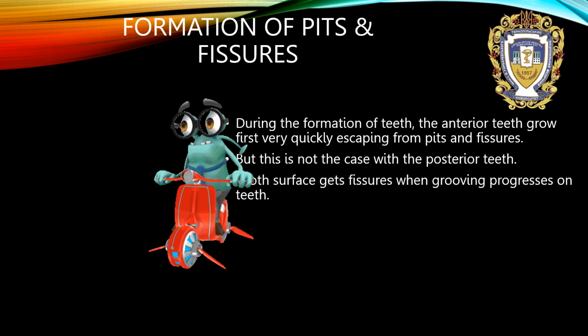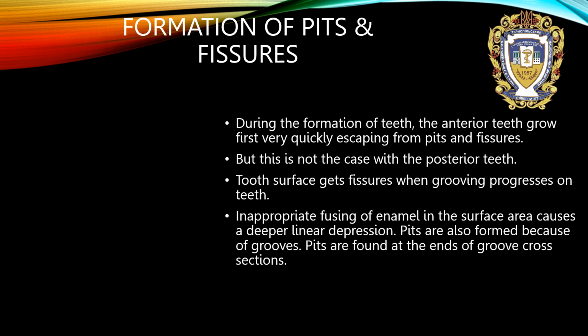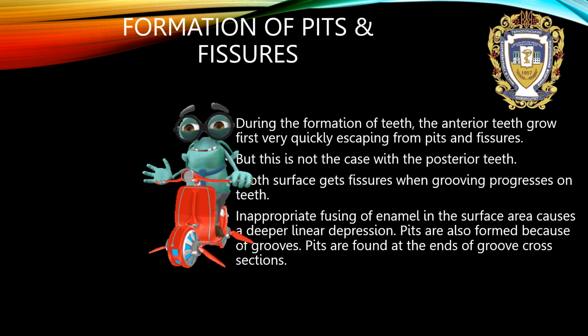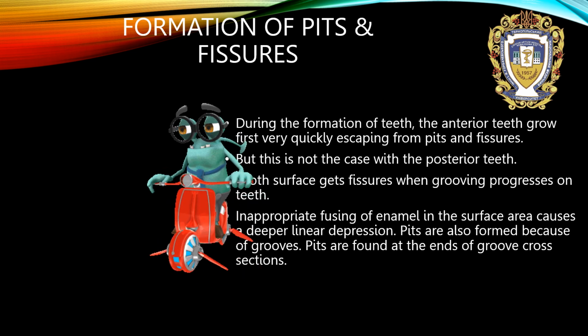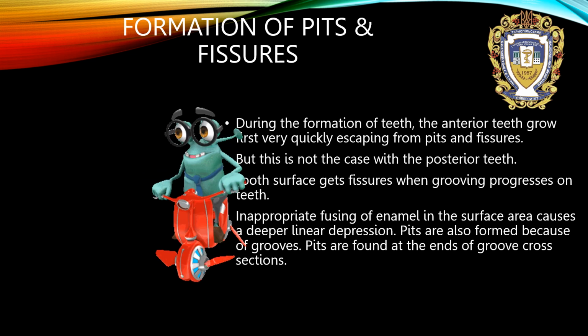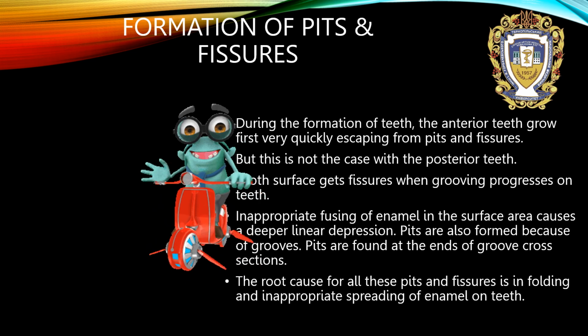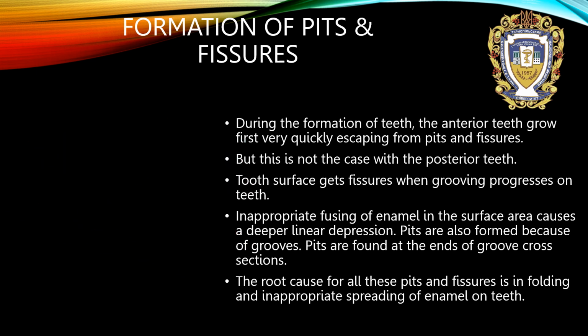And the tooth surface gets fissures when growing processes on teeth. Inappropriate fusion of enamel in the surface area causes a deep linear depression. Pits are also formed because of grooves. Pits are found at the ends of groove cross sections. The root cause for all these pits and fissures is the not folding and inappropriate spreading of enamel of teeth.